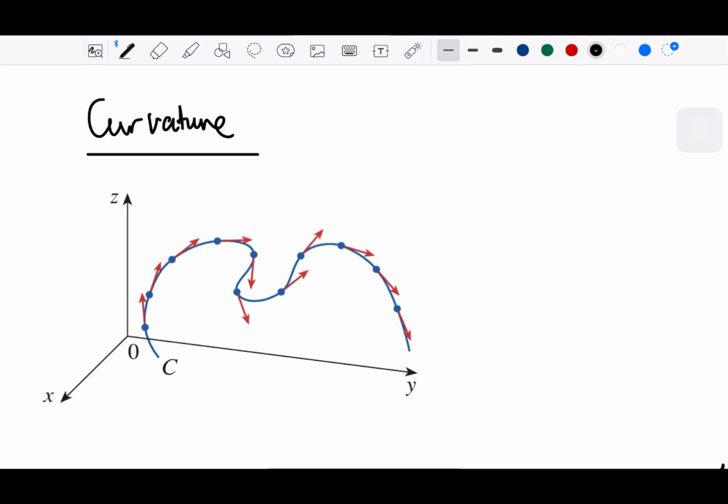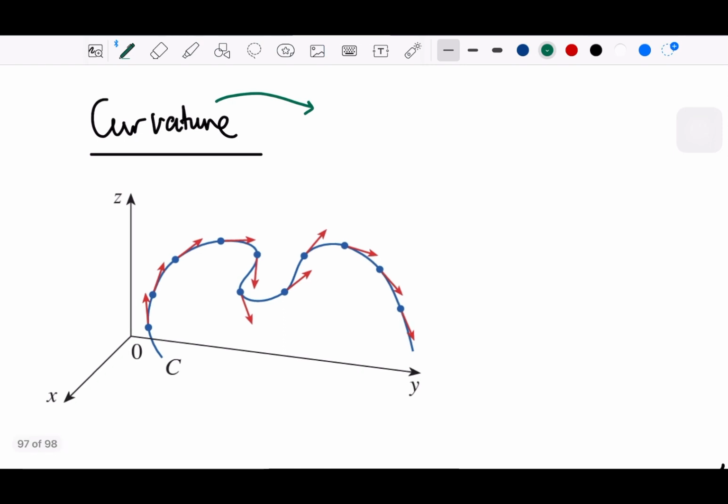So, as in definitions, the curvature describes how smooth the curve is.